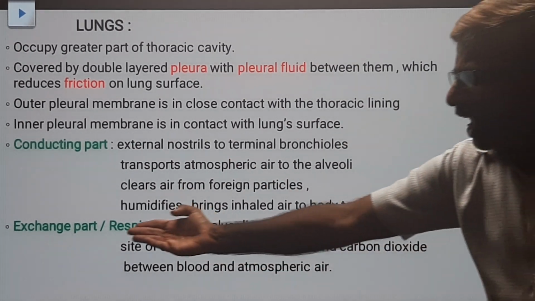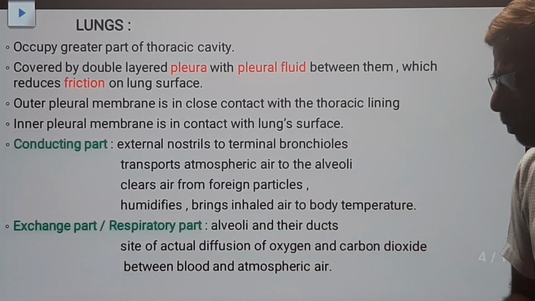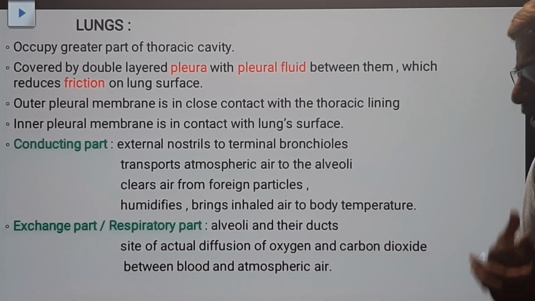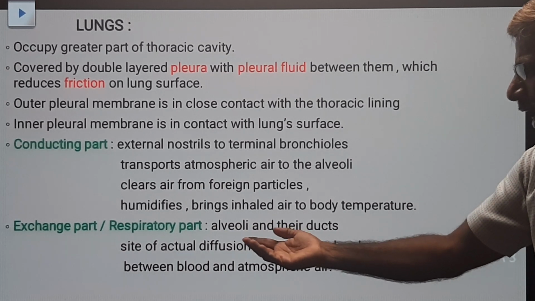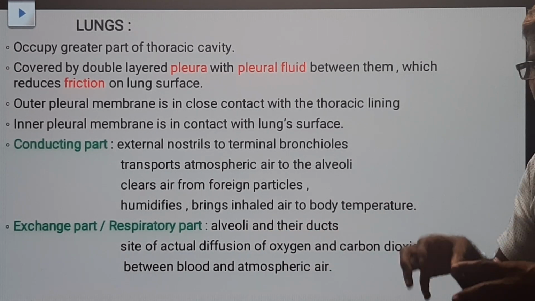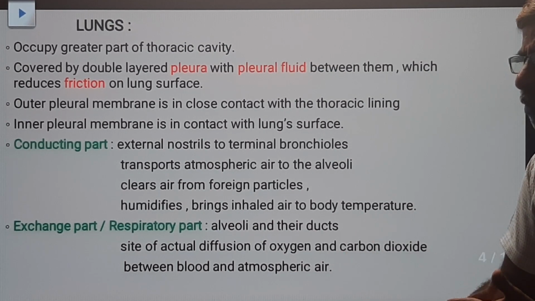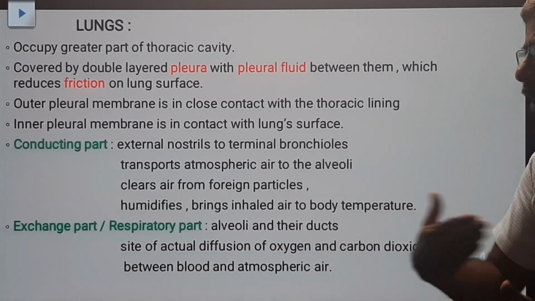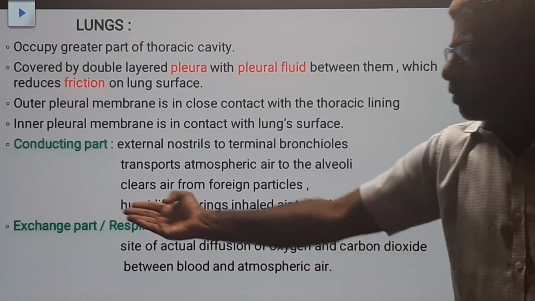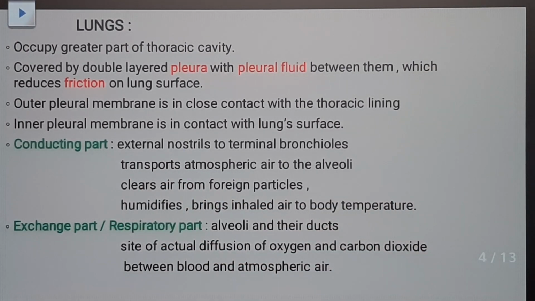The last part is the exchanging part or respiratory part. Here alveoli and alveolar ducts are included, where gas exchange takes place between the blood and alveoli. That's why it is called the respiratory part or exchanging part. These are the various structures of the lungs.